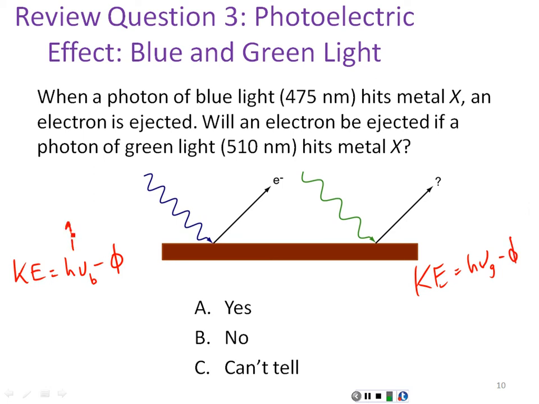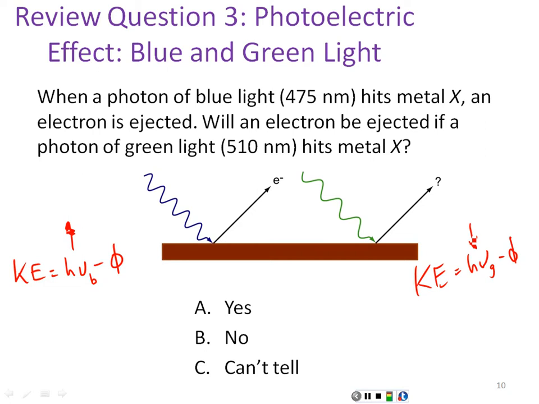This time the energy of blue light is higher than the energy of green light, and we know an electron is kicked off when the blue light hits the metal. Can we tell if an electron will be kicked off when the green light hits the metal? And the answer is no.